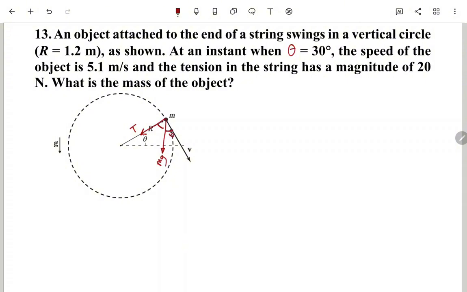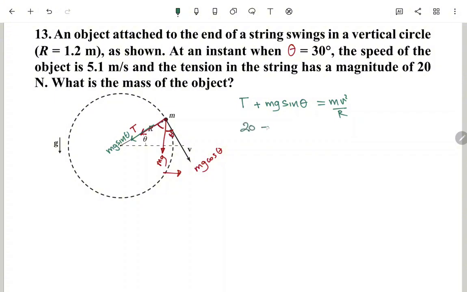In this case, you analyze the weight: mg cosine theta, and mg sine theta. In this case here, tension plus mg sine theta equal to mv square over r.